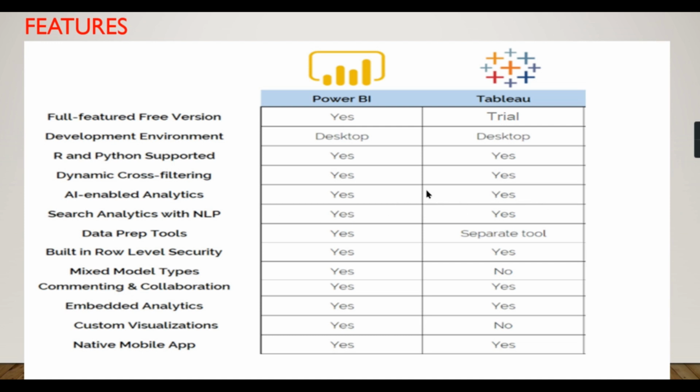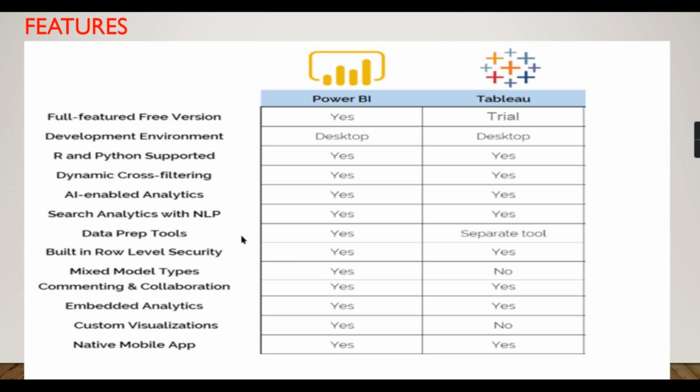AI enabled, like some kind of prediction and AI capabilities: in the case of Power BI we have a decomposition tree. I'm not sure about Tableau, but it also contains some AI visuals as well. And search with NLP: yes, obviously question and answer is available in Power BI.